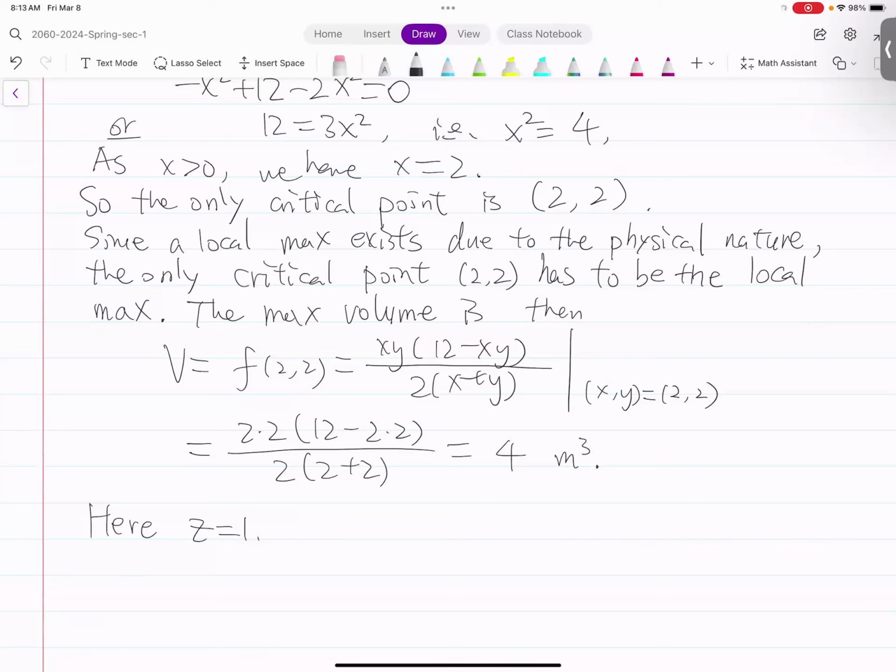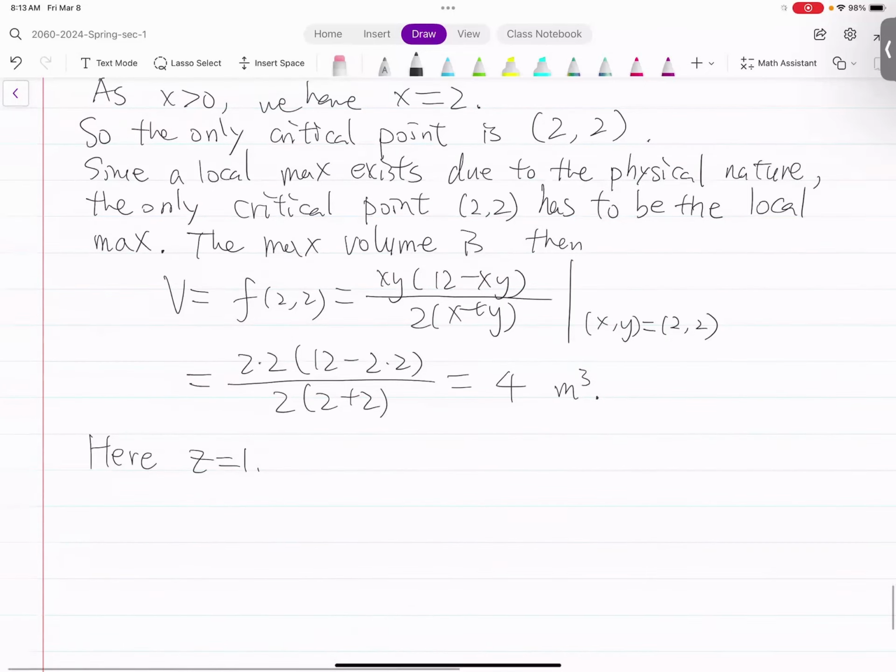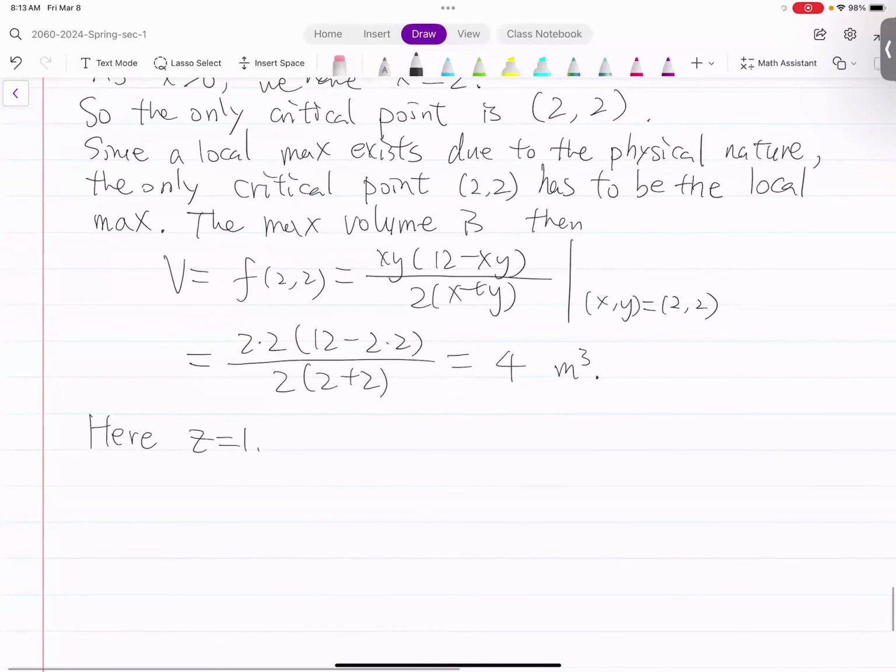Any other questions? All right, now we talk about absolute and global maximums and minimums.